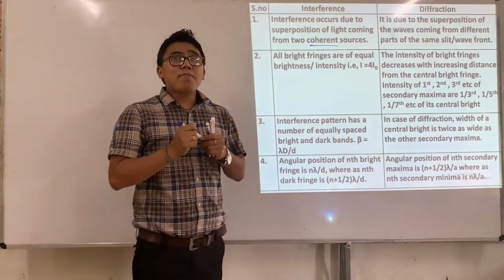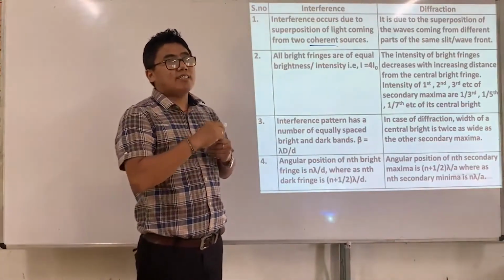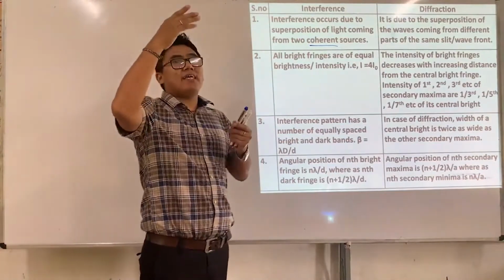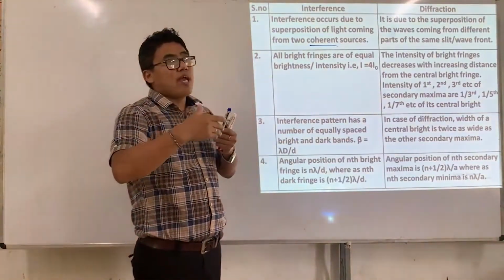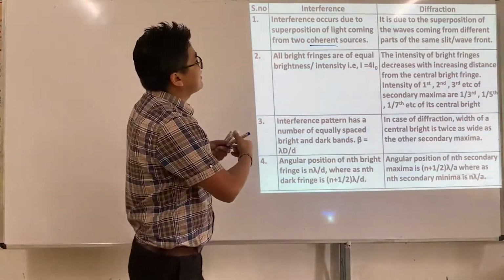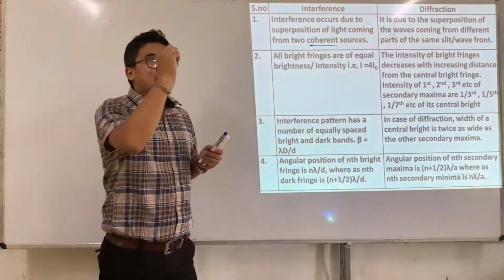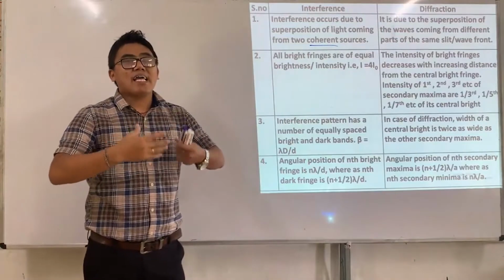the same slit. That means a particular slit acts as a source, and this slit is divided into so many small parts, and each individual part acts as a source.